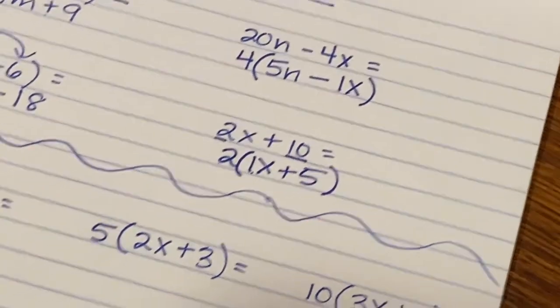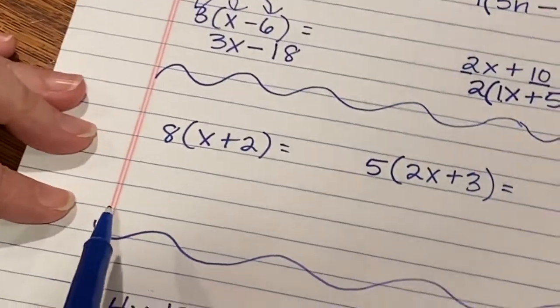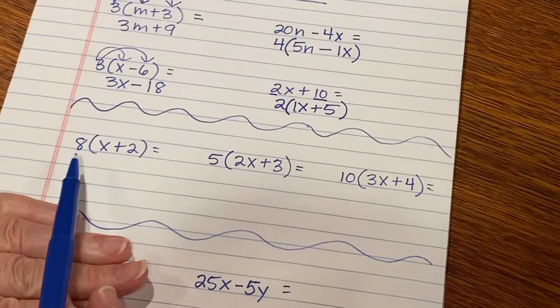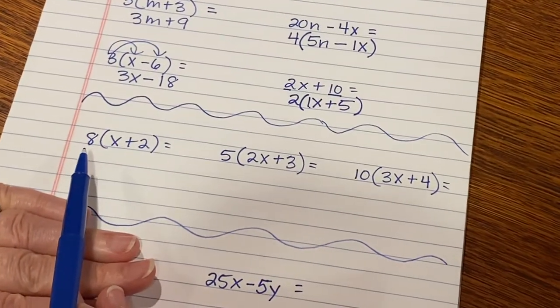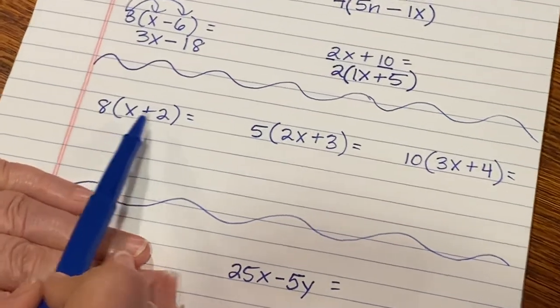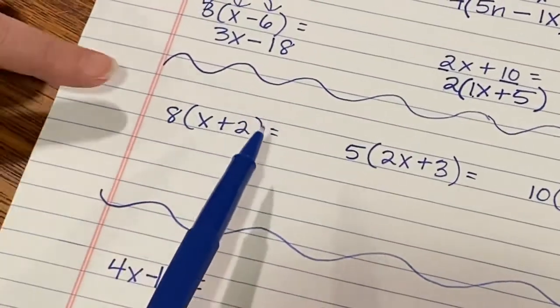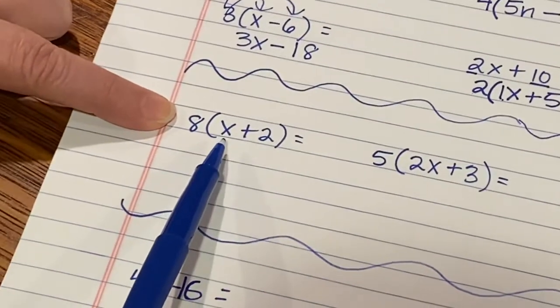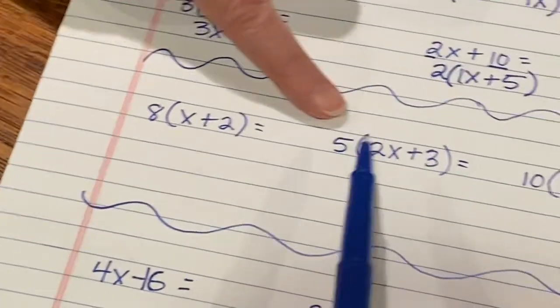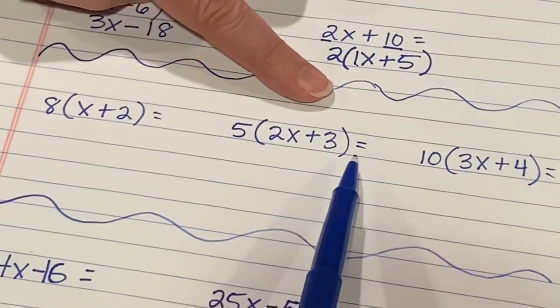All right. Now, here's 3 problems for you to try on your own. So write these down, and then pause the video and come back and see how you did. 8 times x plus 2 equals. So find an equivalent expression for 8 times x plus 2. And then 5 times 2x plus 3.